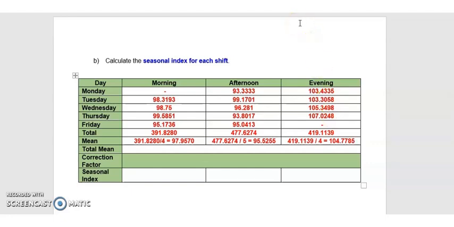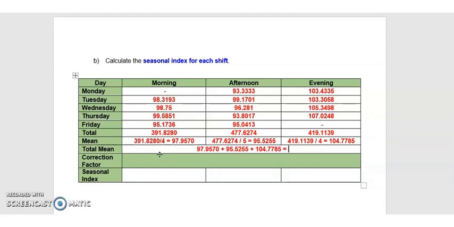Okay, next, once we find the mean, find total mean. So what is meant by total mean? You total up these three values: 97.9570 plus 95.5255 plus 104.7785.